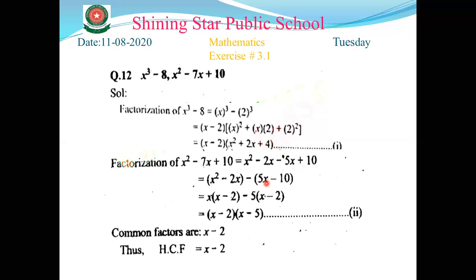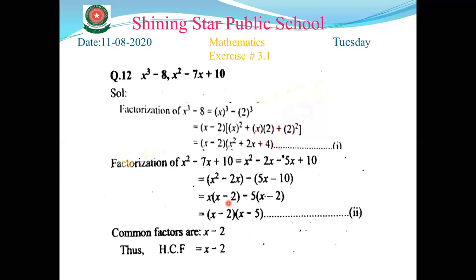Now we take the common 5 from these two terms, and it becomes x minus 2. Okay. And now this x minus 2 and this x minus 2 are the same.